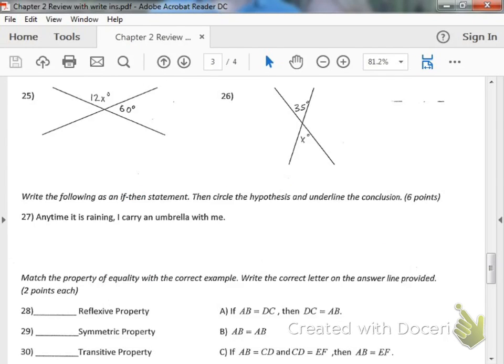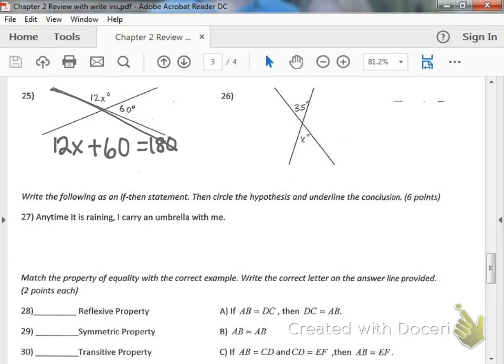25 is a what? Linear. Yeah, when you put them together, they form a straight line. So what should I do with those 2 expressions? 180. Yeah, add them together, equal to 180. Minus 60.